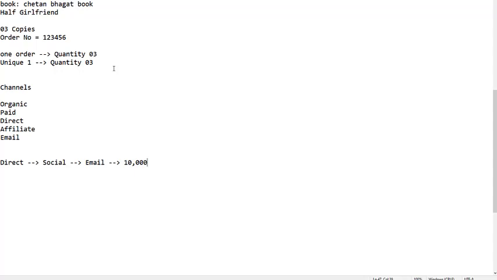Rahul, Varun, Shobha, all of them say email. Okay, good. But why not direct? It is first direct which the user found that particular product and then you can remarket. If there was no direct, how would you have got that remarketing campaign on social and email and then 10,000 rupees revenue?